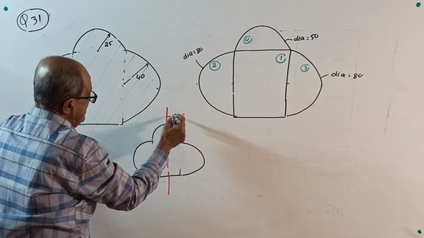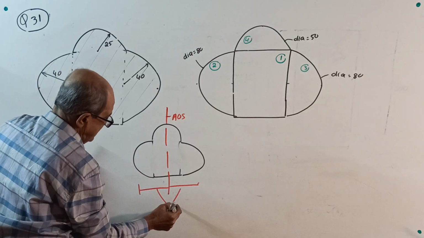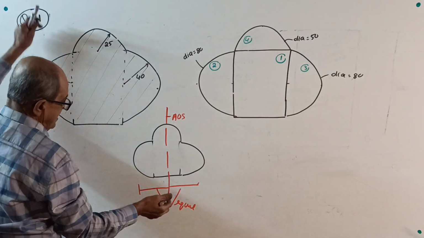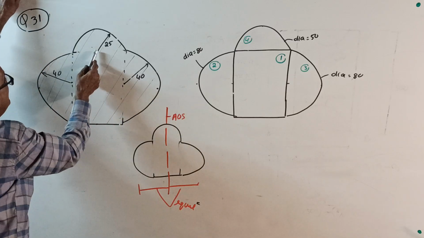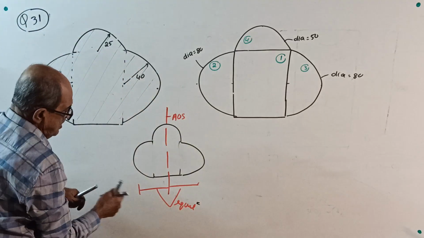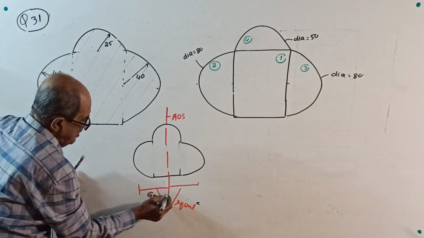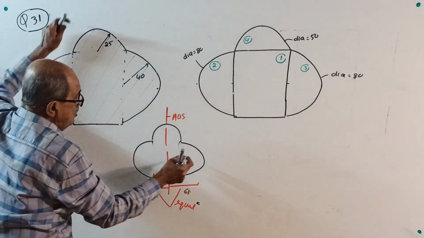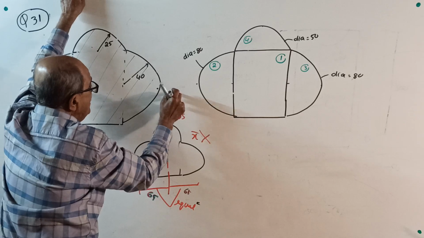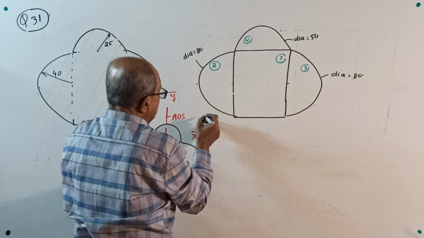Axis of symmetry. So this distance and this distance are equal. Both equal to, see here, this is 25. This is 40. 40 plus 25 is 65. Both are 65 and 65. Therefore, X bar is not required. You require only Y bar.